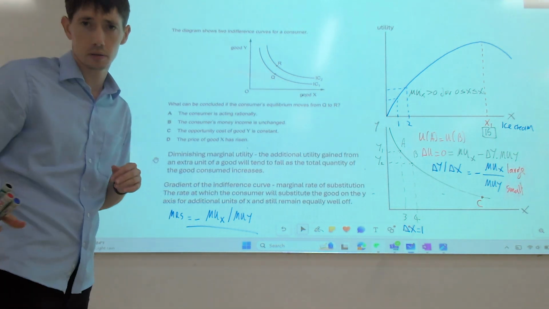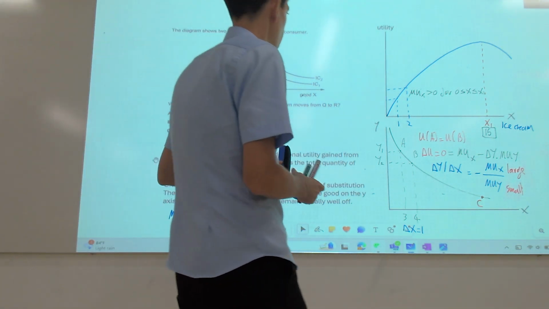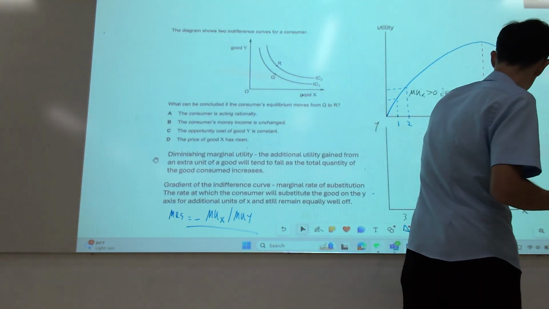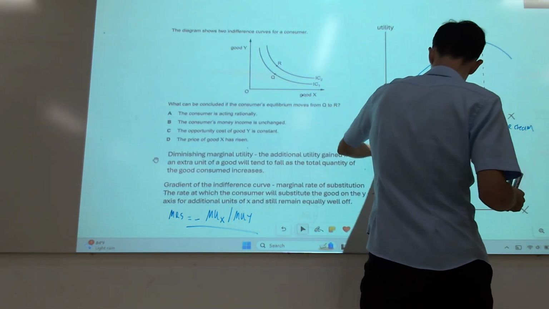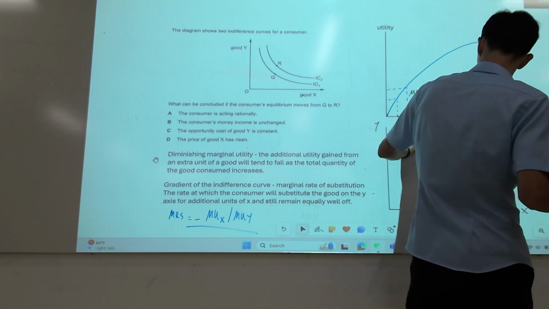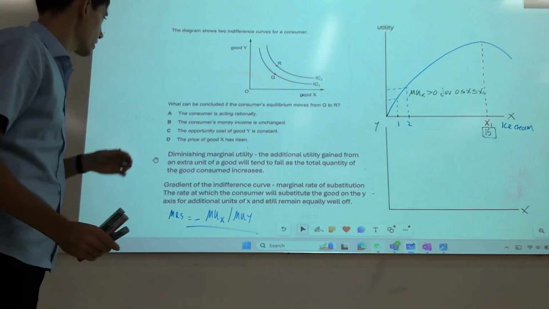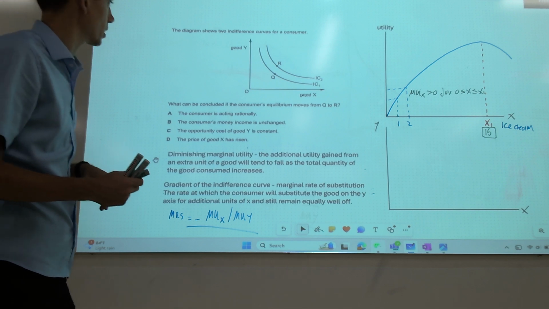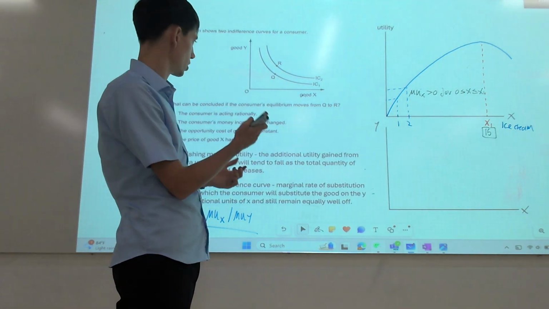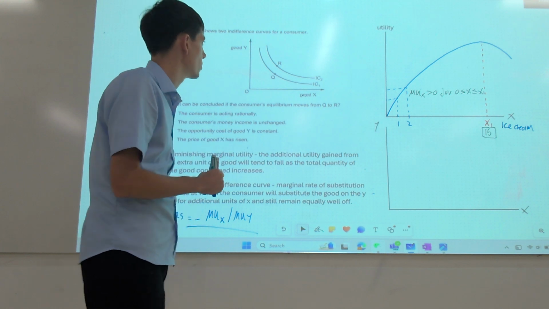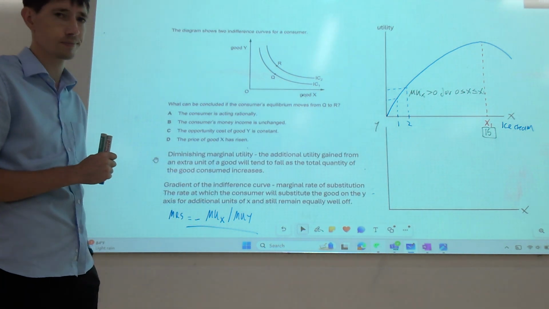Okay, so let's look at a quick and easy multiple choice question on indifference curves, and we can show something about their properties. Firstly, you've got two indifference curves, indifference curve 1 and indifference curve 2. What can be concluded if the consumer moves from Q to R?